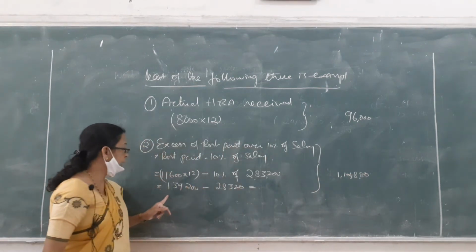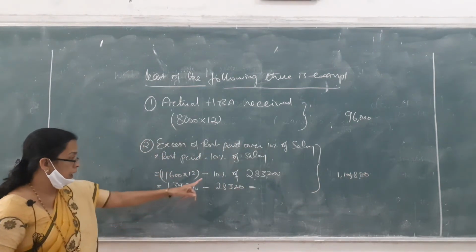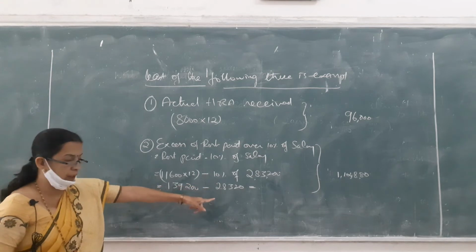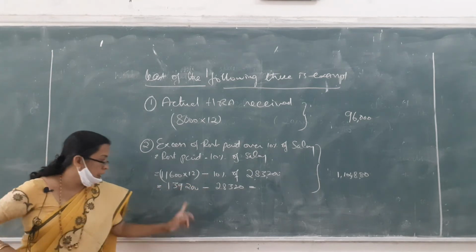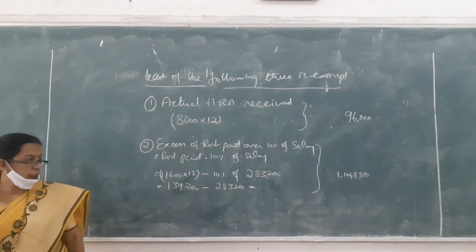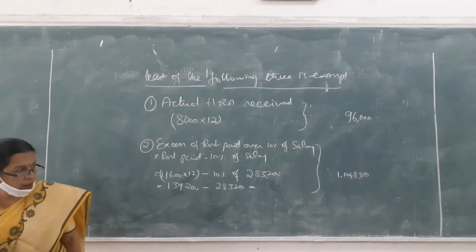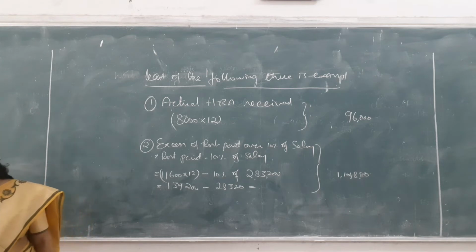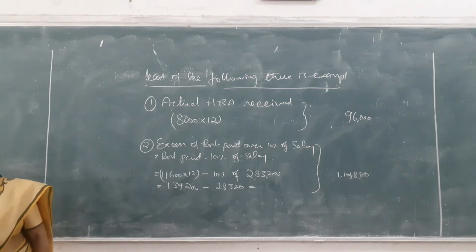Rent paid is 1,39,200. 10% of salary is 28,320. Rent paid minus 10% of salary is equal to 1,10,880. Is it correct?